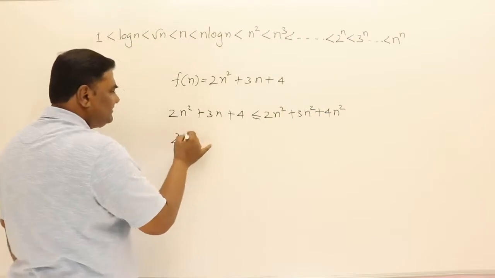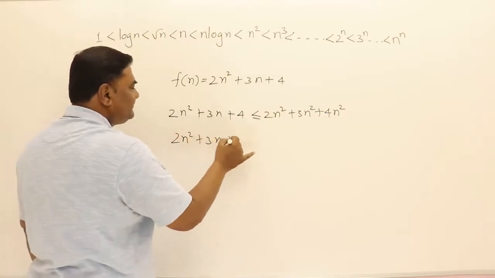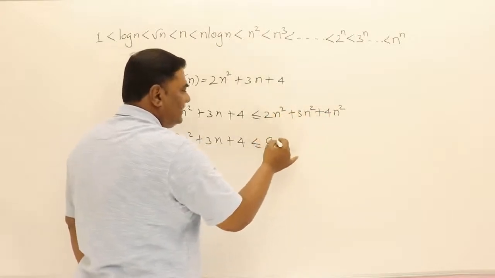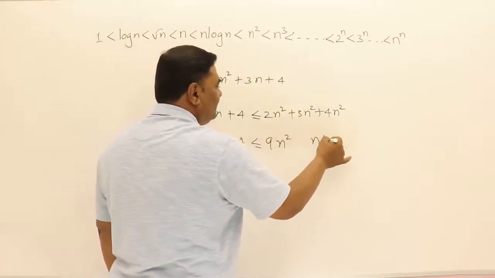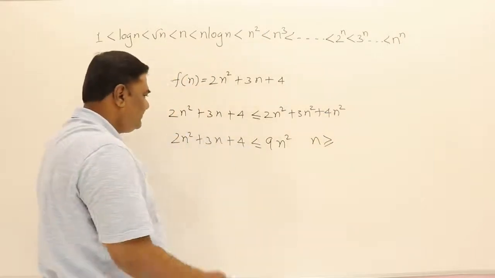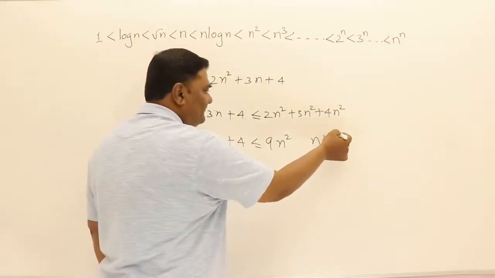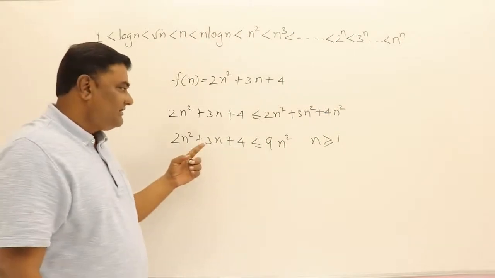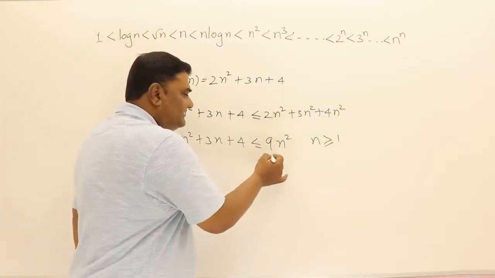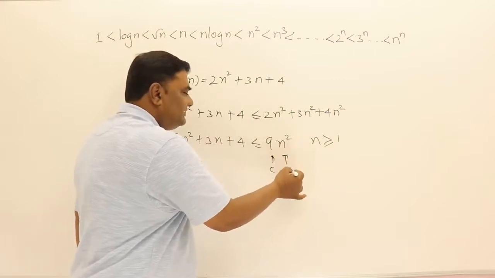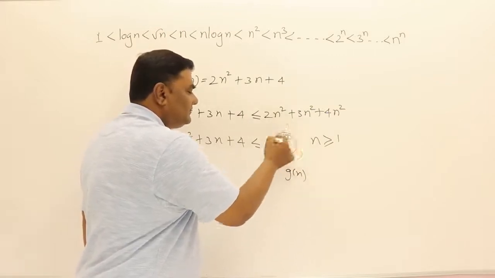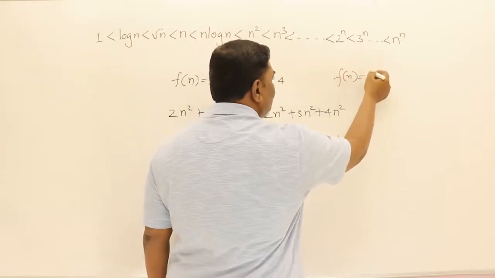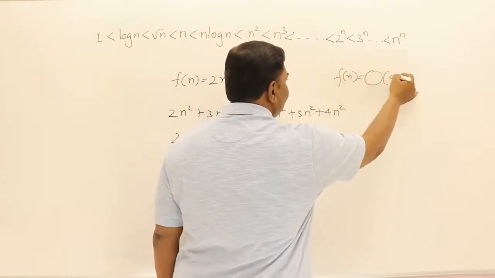So this is less than or equal to 9n square, for all n greater than or equal to some value. You can find out from which value it is starting. I'll just put 1 there. So this is C and this is g of n. So f of n is big O of g of n.